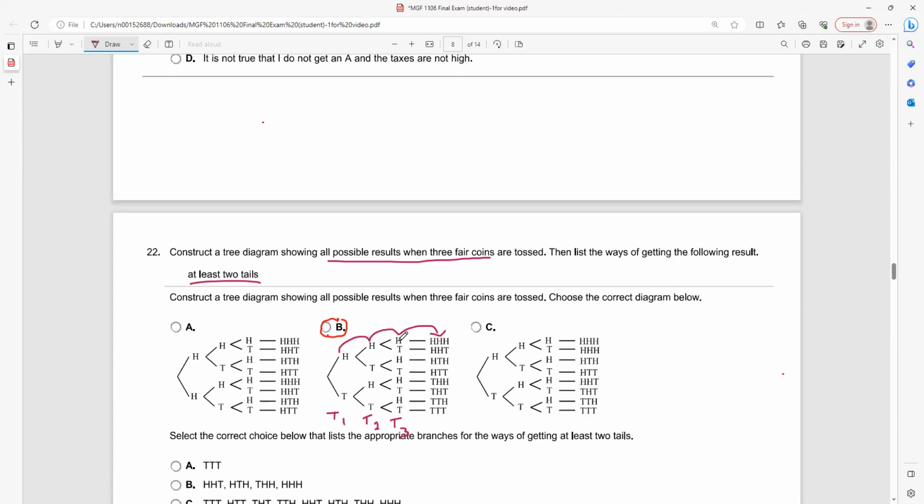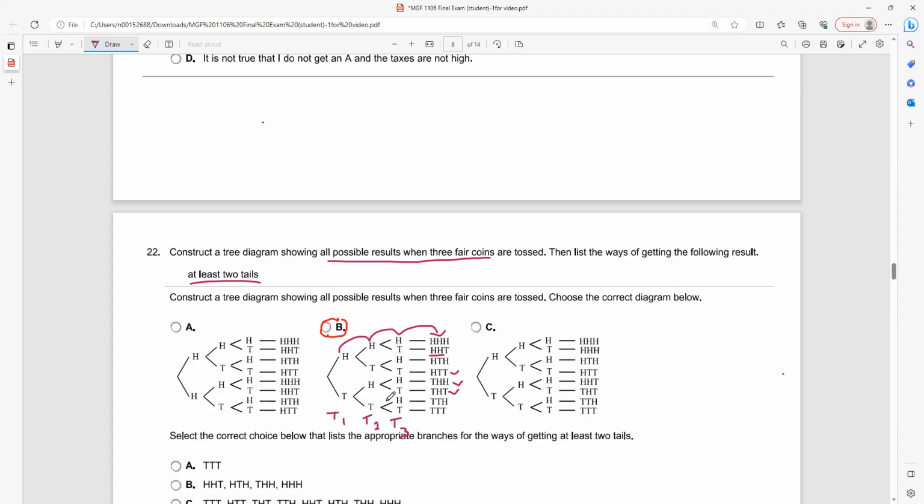When we carry each of these options to create our outcomes in the last column, we see we get heads, heads, heads for the first one, or we could get heads, heads, tails. We could get heads, tails, tails. And then if we got tails first, tails, heads, heads, we could get that combination. We could get tails, heads, tails.